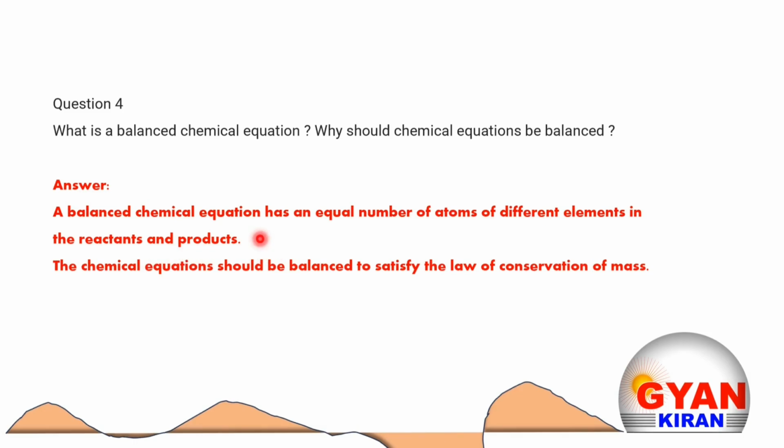We can say the chemical equation is balanced if it has an equal number of atoms of different elements on both sides, that is reactant side and product side. Chemical equations should be balanced to satisfy the law of conservation of mass. This is all about question number 4.